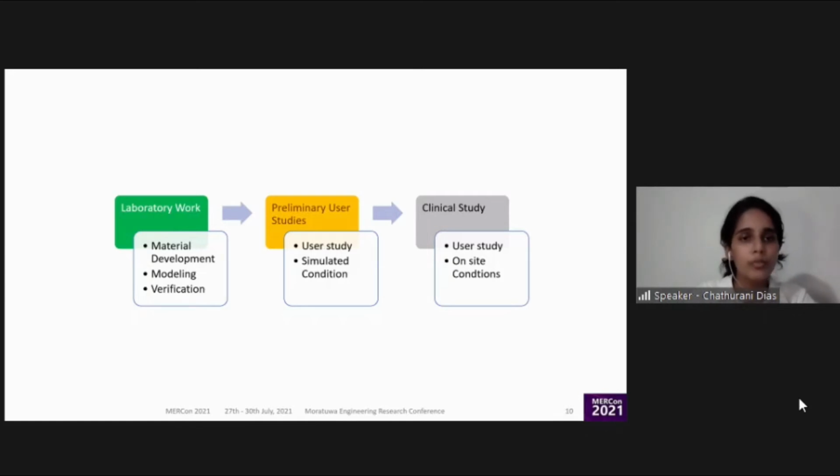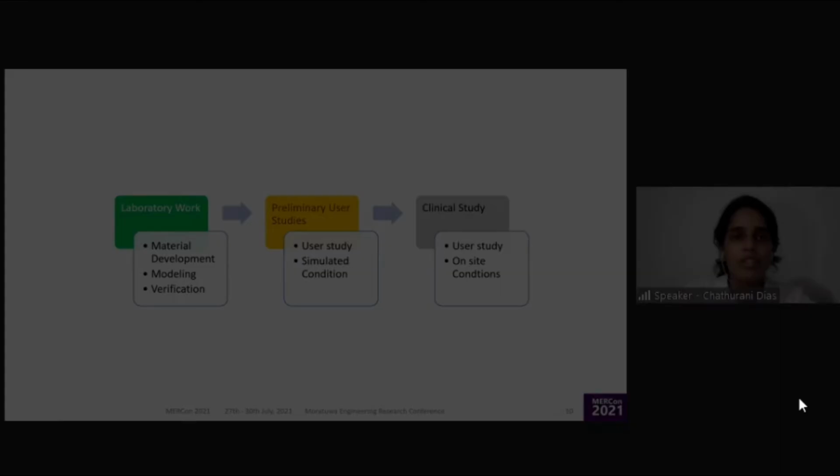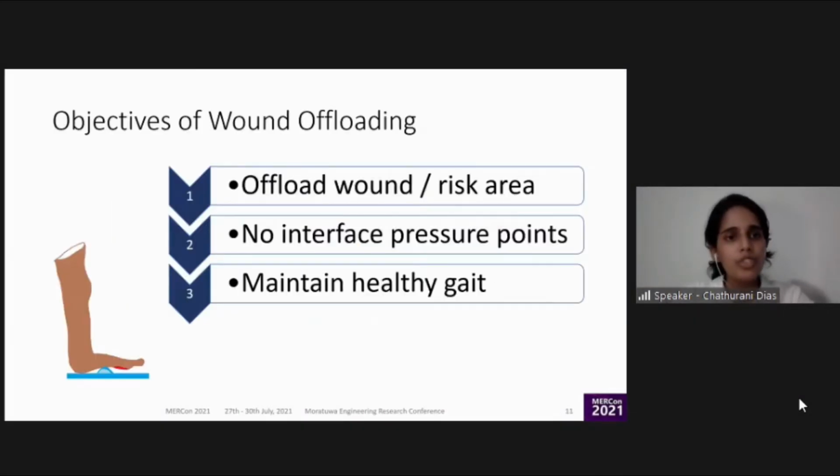Next, we move into validating this designed material and the designed offloading attachment with a preliminary user study under simulated conditions. So we did not apply it directly on diabetic patients yet, and we hope to move into a clinical study in future. The objectives of offloading that we try to achieve are mainly threefold.